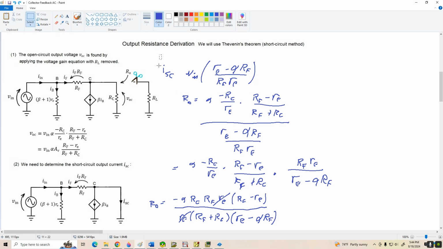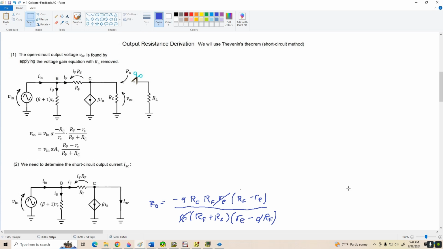Alrighty, let's get rid of this, and what we finally ended up with is R out, and let's put an F on here because it's including the feedback resistor, so we'll call it ROF, is equal to negative alpha times RC times RF times the quantity RF minus little re divided by the quantity R sub F plus R sub C times little re minus alpha times RF.